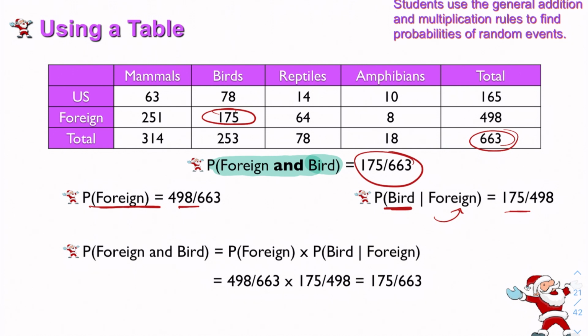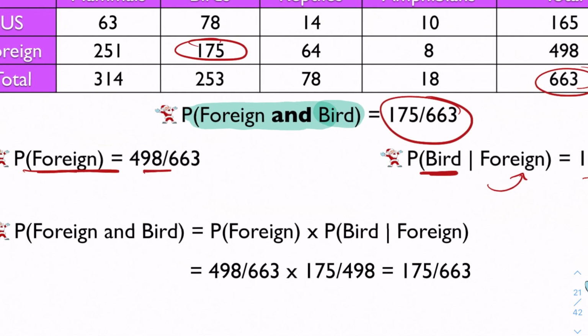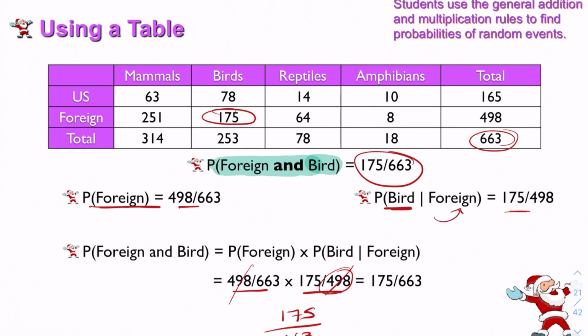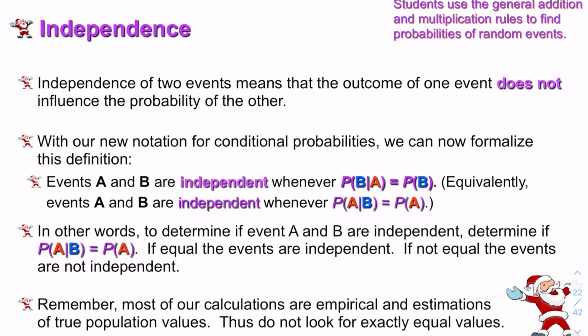And hey, look, when we multiply these two, foreign and bird, we have 498 over 663 times 175 over 498. These two cancel out, and we're left with 175 over 663. So this table confirms the formula that we had before.